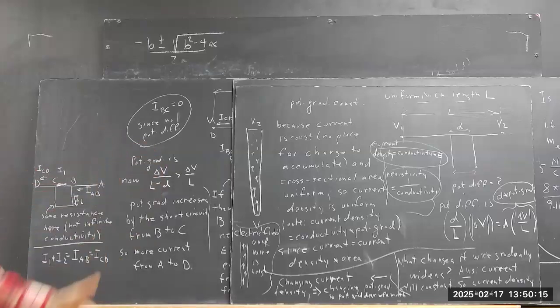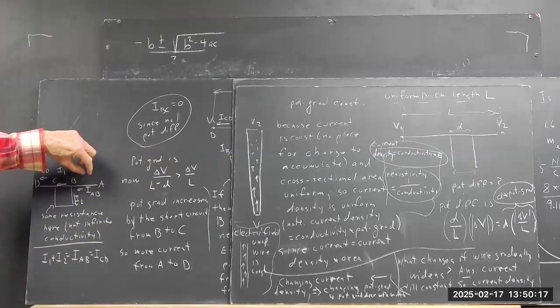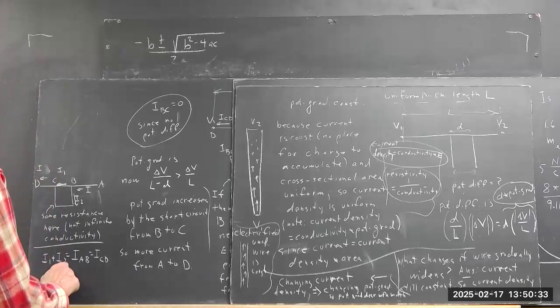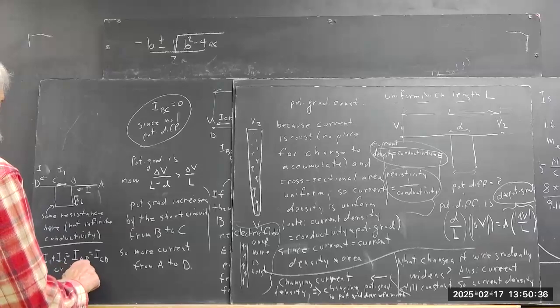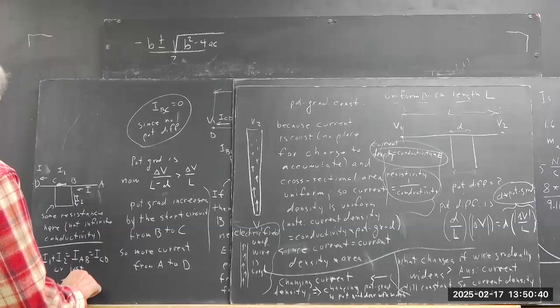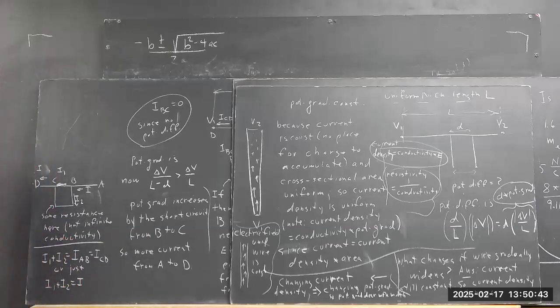There's no place for the current to accumulate, so you have to have the same current here as you have here. So we could just call that I.